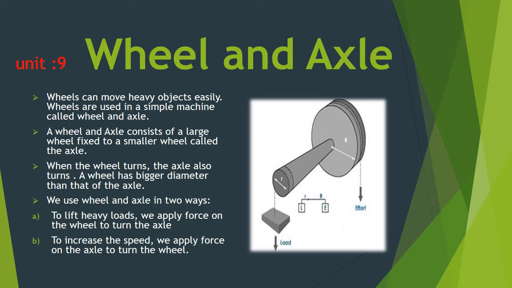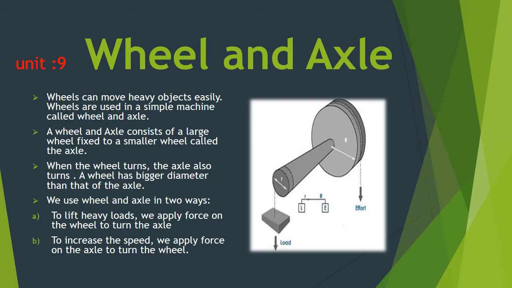Now this is your wheel and axle. This machine is known as wheel and axle. It consists of a large wheel that is fixed with the axle, and the axle is the smaller wheel. When the wheel turns, the axle also turns. A wheel has a bigger diameter than the axle.